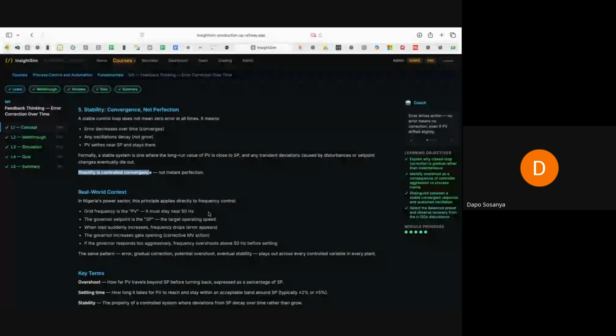The actual grid frequency is the PV, the process variable. Every time we are looking at the error, once PV strays away from 50 hertz by even as low as 0.5%, we experience a grid shutdown.